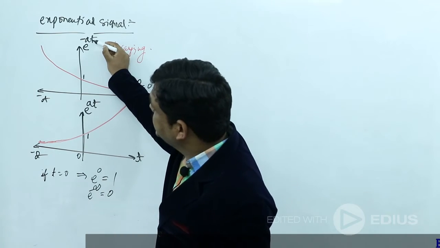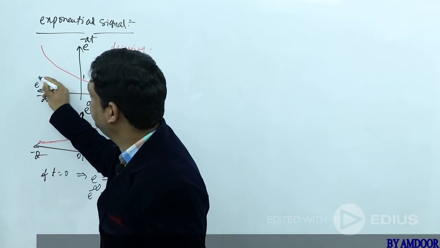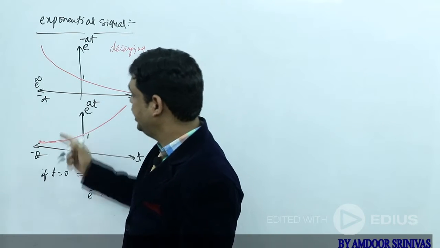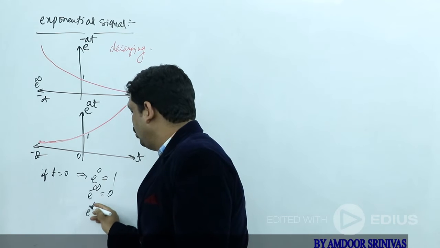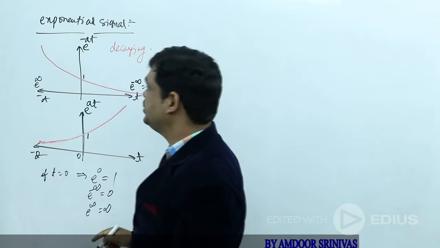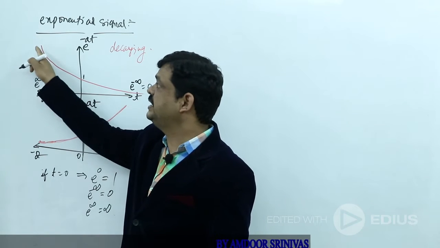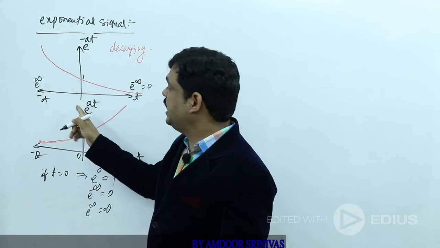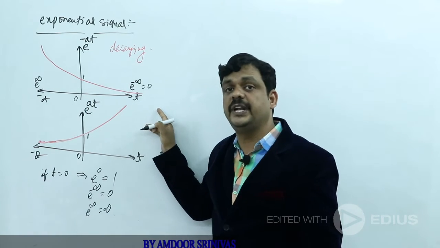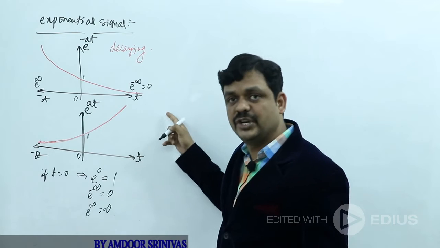So if you substitute here, minus minus becomes plus, then it becomes e to the power of infinity. E to the power of infinity is always infinity. So now this amplitude becomes infinity. Exactly at time minus infinity, the amplitude is infinity, at time 0 the amplitude is 1, and at time positive infinity the amplitude is 0. This type of signal is called an exponentially decaying function.